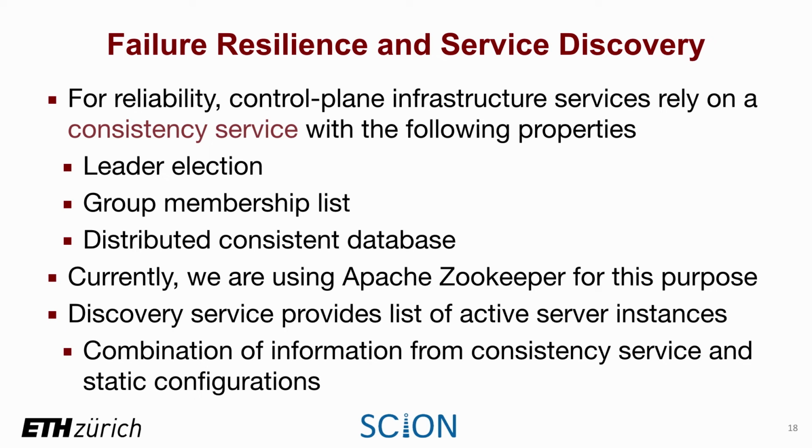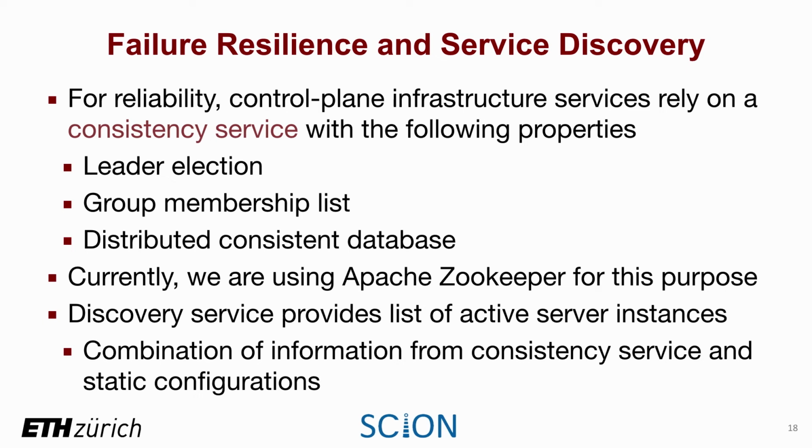So our consistency service needs to provide leader election, a group membership list, and a consistent database that is distributed across the AS. Currently, we are using Apache Zookeeper for this purpose, but we continue to evaluate other systems that may be more scalable than Zookeeper.